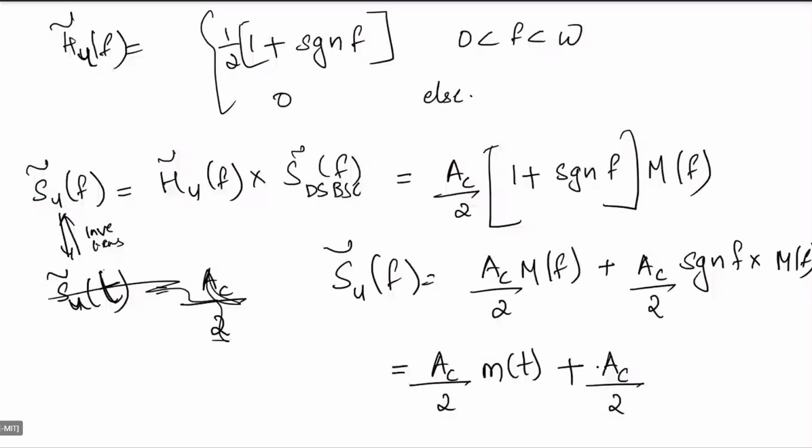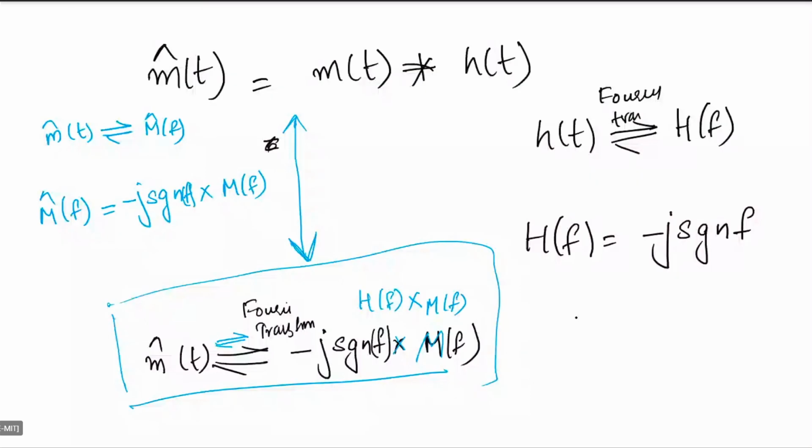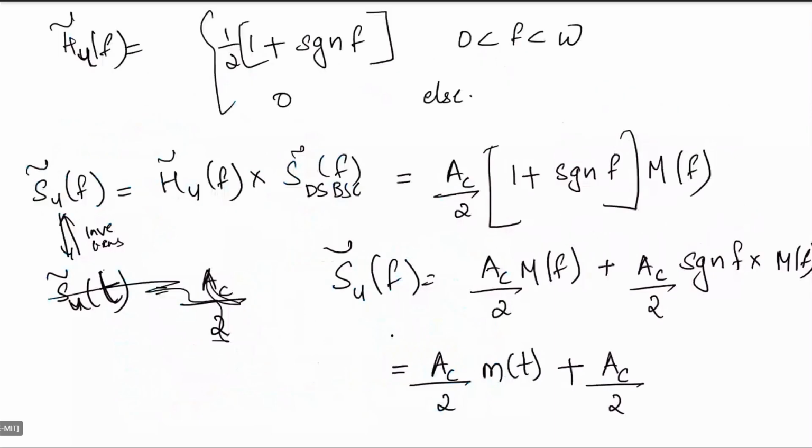Signum f M of f, if you remember, M hat t has an inverse transform of j signum of f into M of f. So that is why I taught you that Ac by 2 into signum of f M of f is j M hat t.